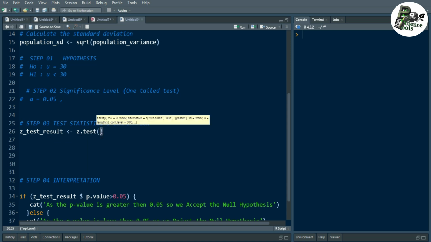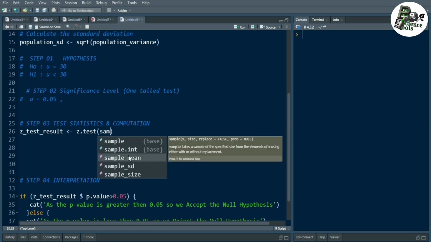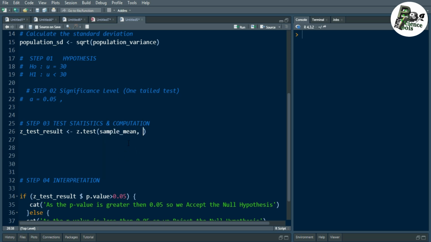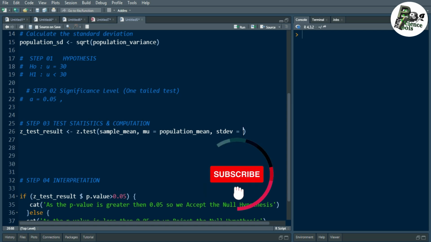Here we first write our sample mean, then the population mean, which is denoted by mu. Then we give the standard deviation using the function standard dev, where we write the population standard deviation calculated from the variance.